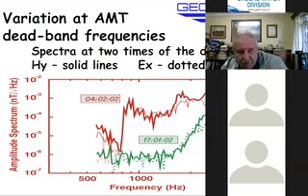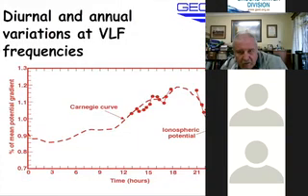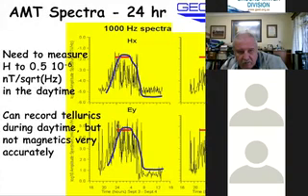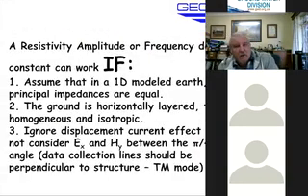Let me find it. Sorry. There we go. So if we put things into perspective, a resistivity, amplitude, or frequency defined constant can work if it's a 1D modeled Earth. In other words, I'm taking a sounding and doing a forward model of that data, and I'm creating a 1D section.